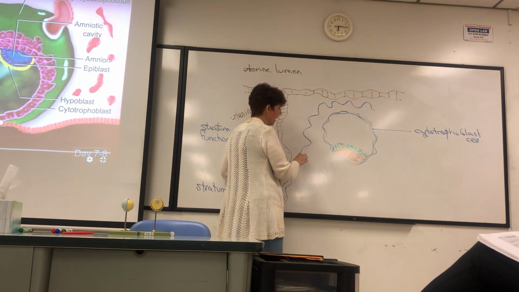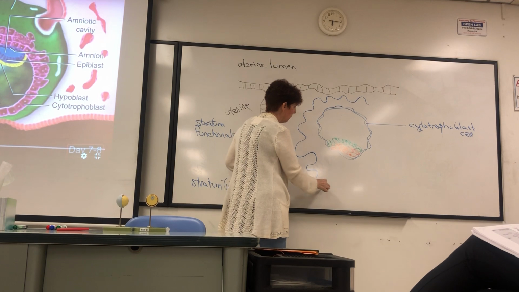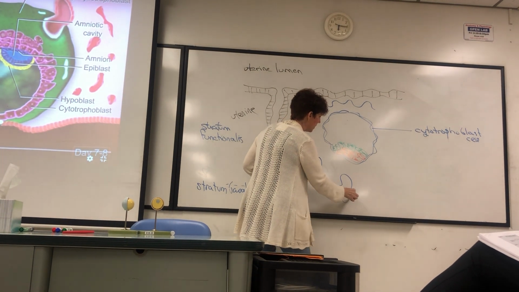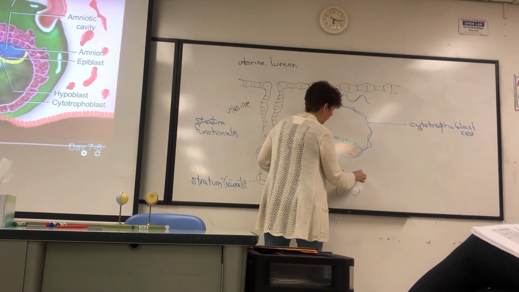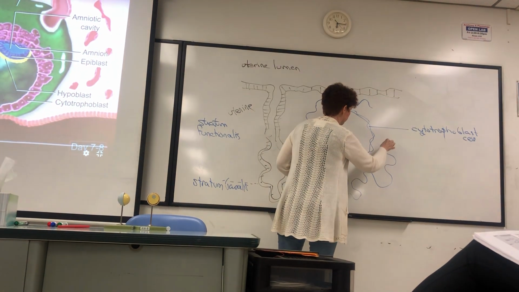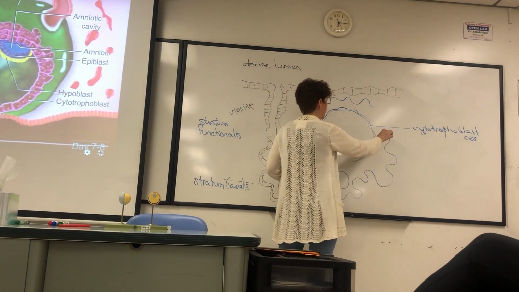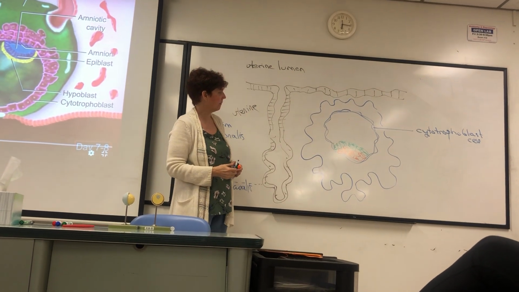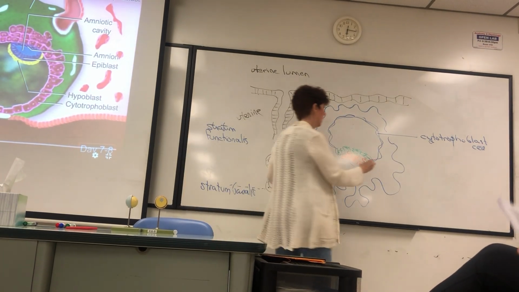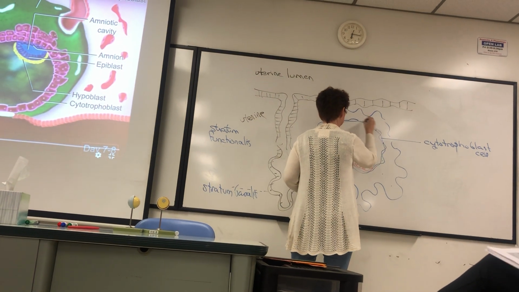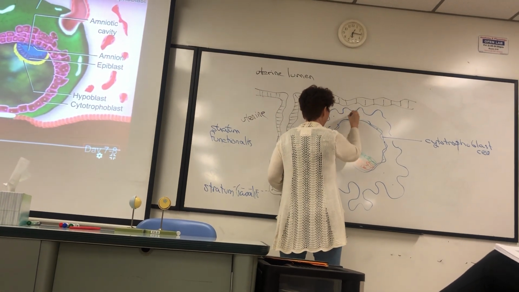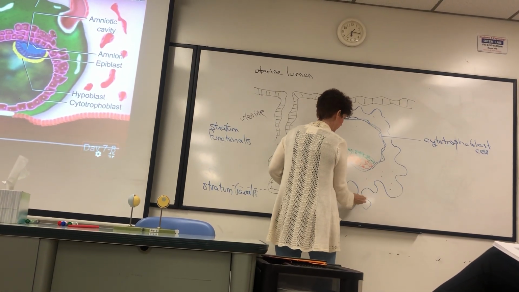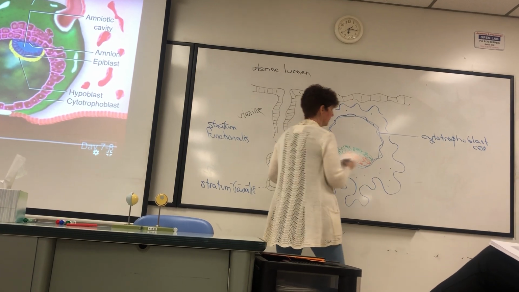Those finger-like branches are longer and branch more often the deeper we are in the stratum functionalis, because there's just more tissue to expose and more blood vessels. There's not any blood vessels up here, all right? So these would have the scattered nuclei of all the cells that have fused to form them.